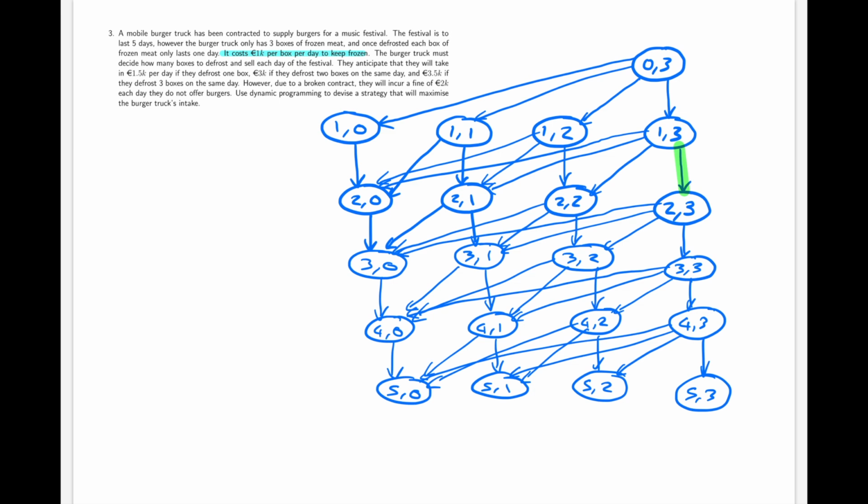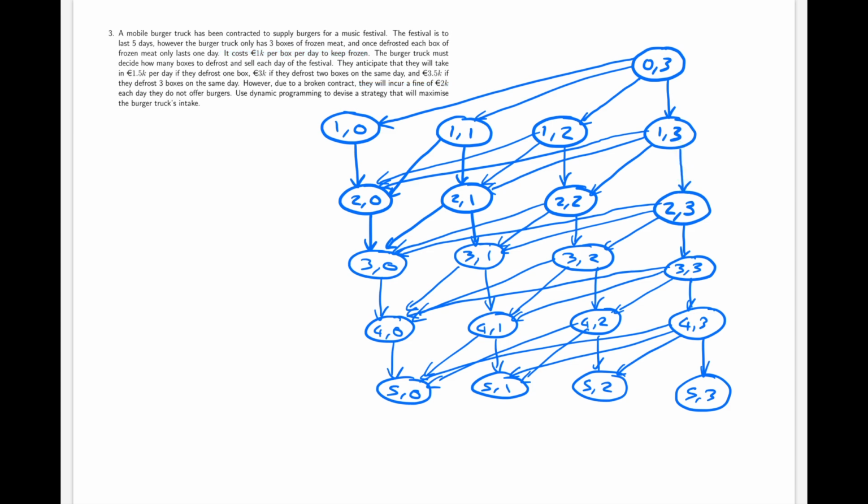So it will cost me 3 times €1,000 per day to keep those boxes frozen. I don't sell any burgers, so I don't make any money. But I've also not offered any burgers, and that is a broken contract. And so I will incur a fine of €2,000 for every day I do not offer burgers. So I would also incur a fine of €2,000, so that would be a reward of minus €5,000.